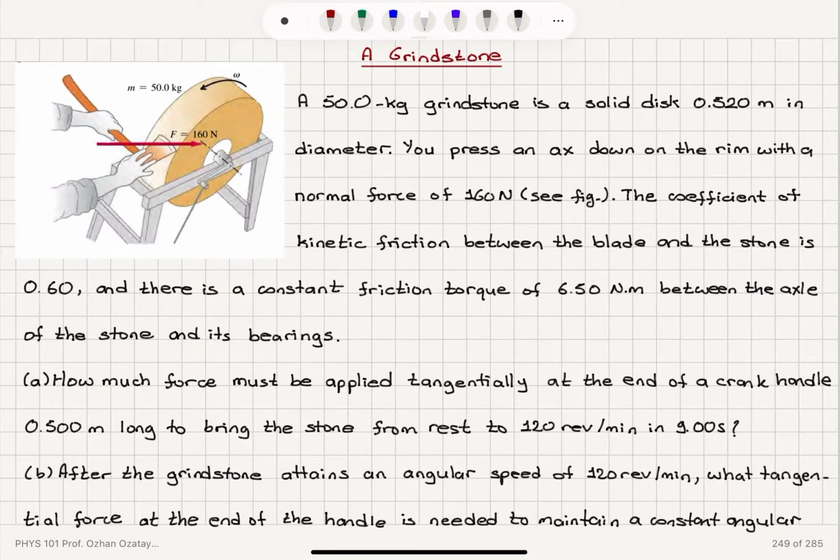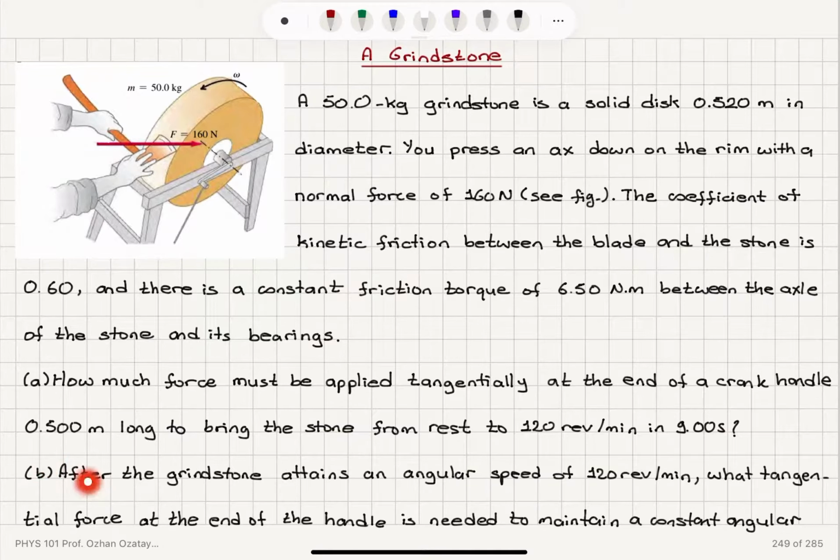Part A: how much force must be applied tangentially at the end of a crank handle 0.5 meters long to bring the stone from rest to 120 revolutions per minute in 9 seconds.